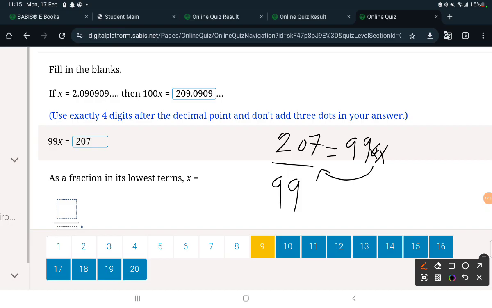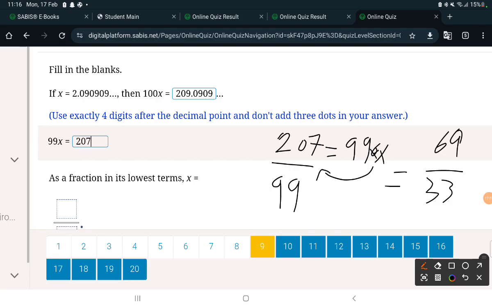You could do the long division, but they're practically around the same number. So yeah, that will be 69 divided by 33. 69 could be divisible by 3, so let's divide again.